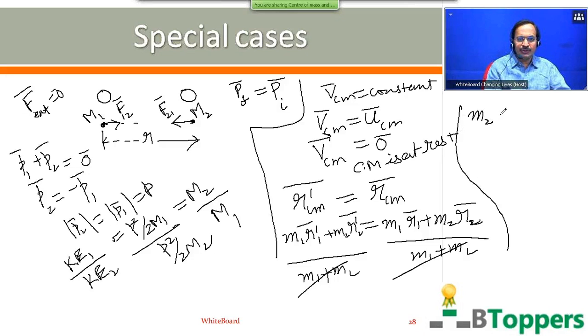So you can write here m2 into r2 dash bar minus r2 bar equal to minus m1 into r1 dash bar minus r1 bar.